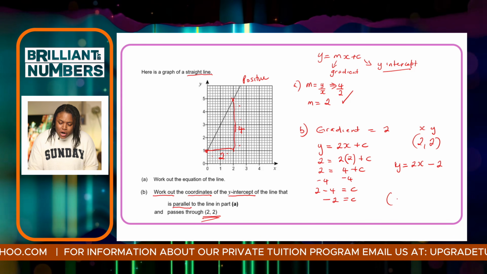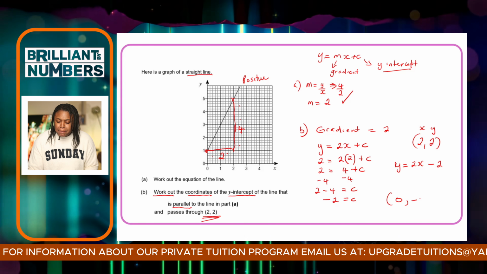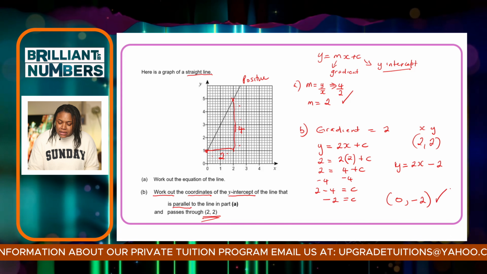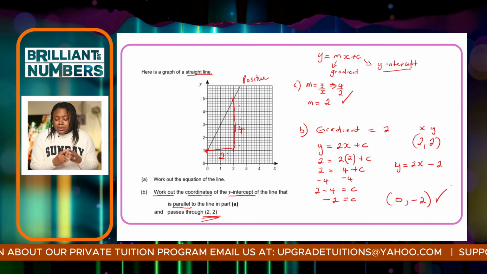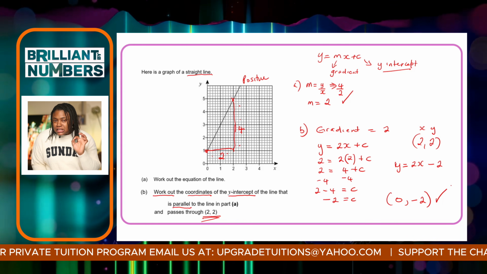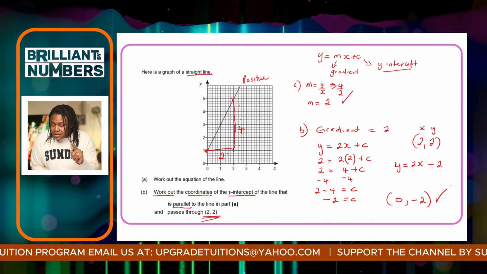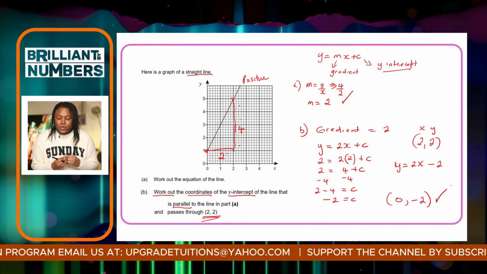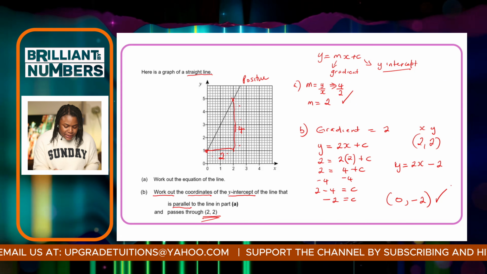So therefore, the coordinate will be 0 for x and the y coordinate will be minus 2. So my answer, on exam papers, most times we find people go all the way to finding what the value of c is, but didn't pay attention to the fact that you were not asked to find the y-intercept, but the coordinate of the y-intercept. That's very important. Absolutely brilliant.